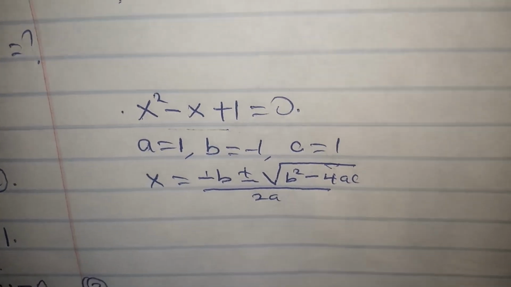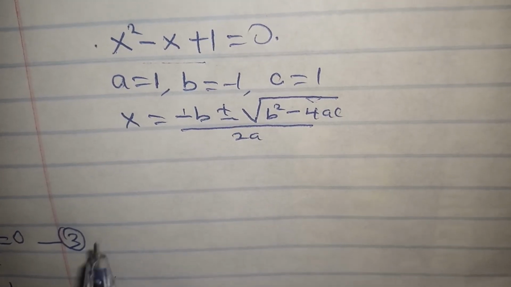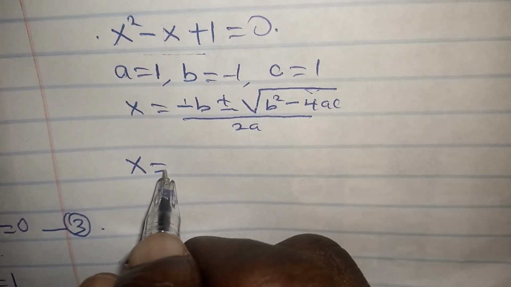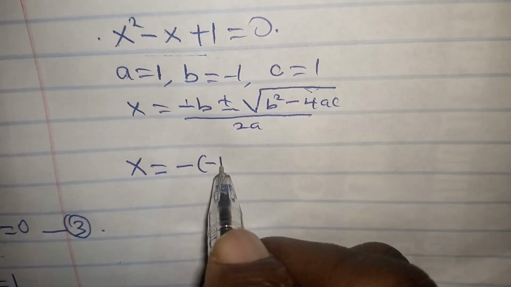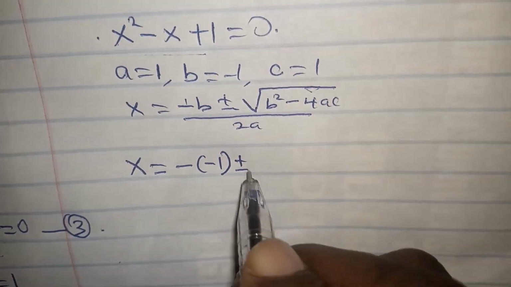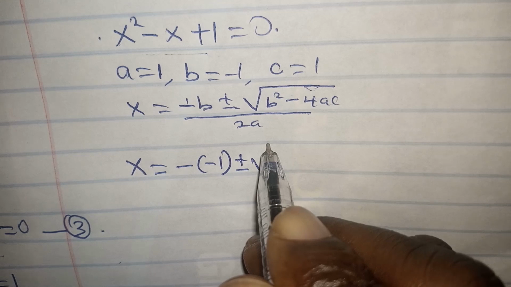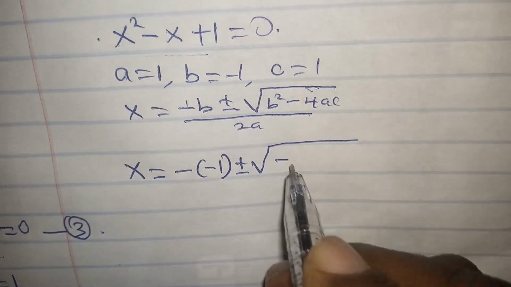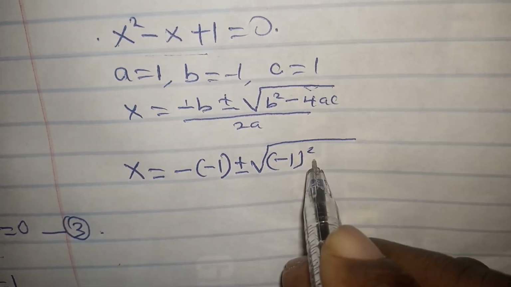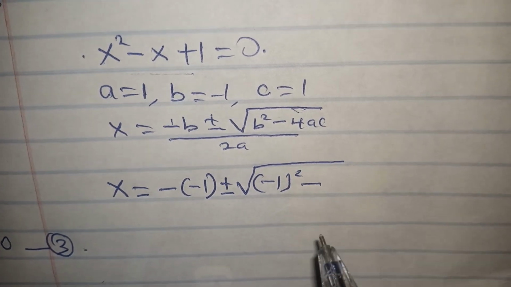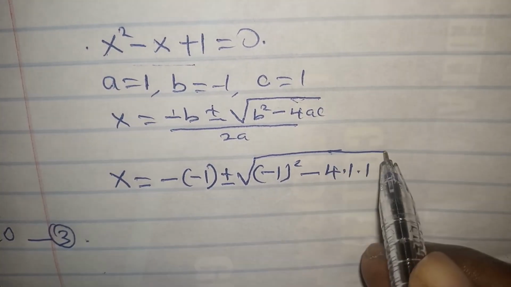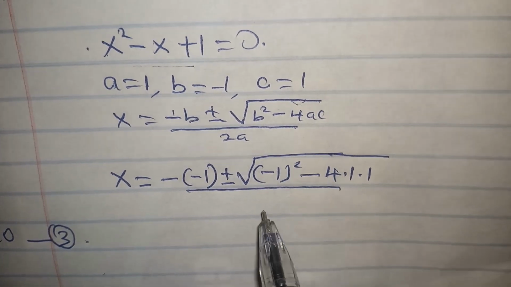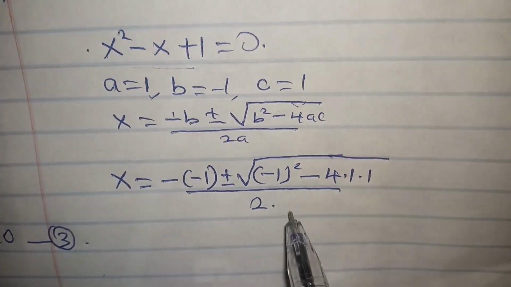Okay, so from here, if we apply the formula method, we can say our x is equal to, where's your b? Your b is minus 1, so minus open bracket minus 1 close bracket plus or minus the root of minus 1 all squared minus, what is your 4 times your a, 1, times your c, 1, over 2 times your a, 1.